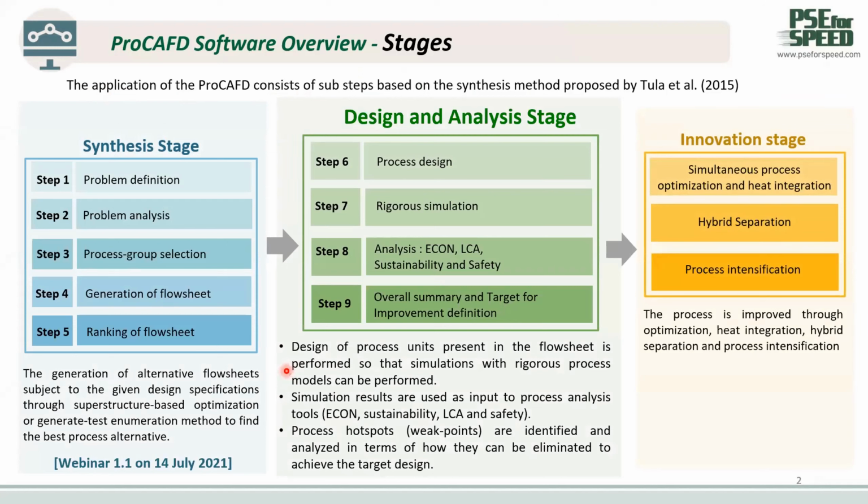The design and the analysis stages consist of 4 steps together: step 6, the process design; step 7, the rigorous simulation; step 8, the analysis of the econ, the life cycle analysis, the sustainability and the safety; and step 9, the overall summary and the target for improvement definition.